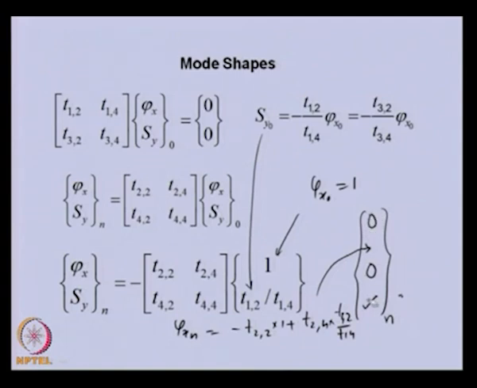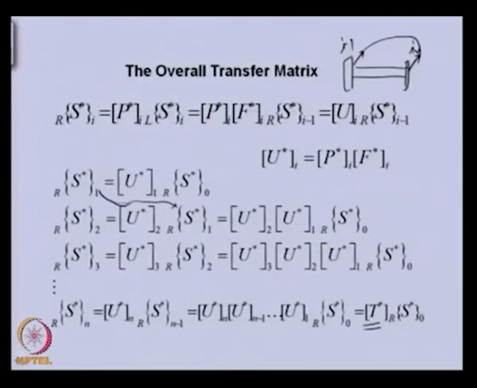So, these can be used in the previous transfer matrices which we developed here to get back the various state vectors in between. Now, once we have got all the state vectors, we need to pick up the linear displacement separately, angular displacement separately, at various stations.